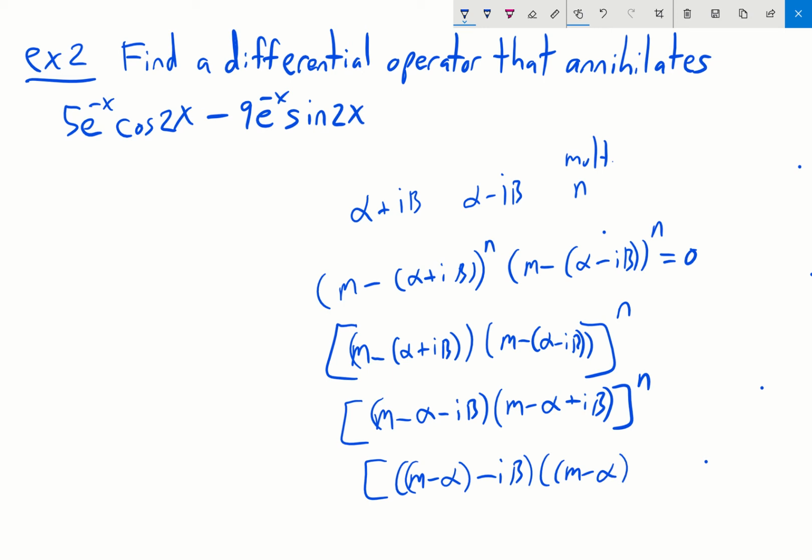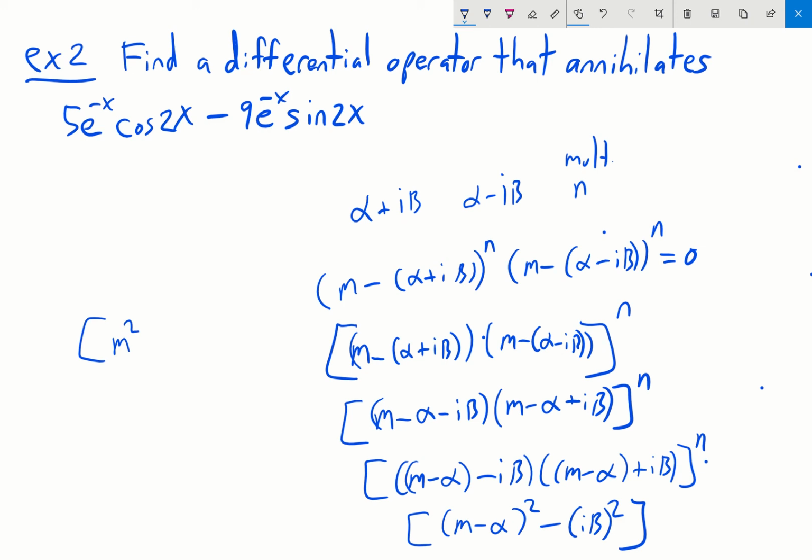You don't have to do this, but it makes the multiplication much easier because that turns it into a product of sum and difference. So the result would be the difference of the squares: m minus alpha squared minus i times beta squared. And then when you expand this, you see where that term is coming from.